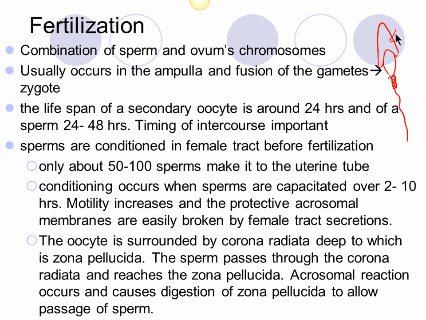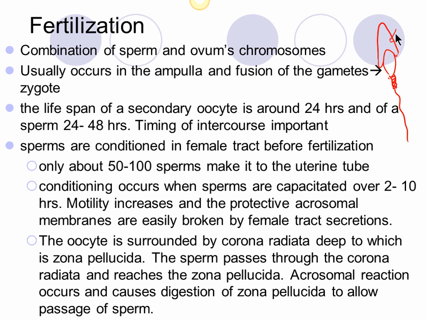And the idea is that the oocyte, when it's liberated, as we'll see in the next few slides, has a collection of cells around it. These cells look like a crown, so they are known as corona radiata cells. The oocyte also has a membrane around it called the zona pellucida.